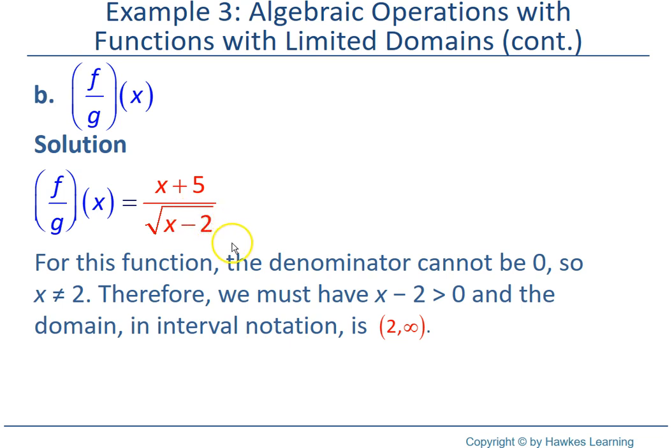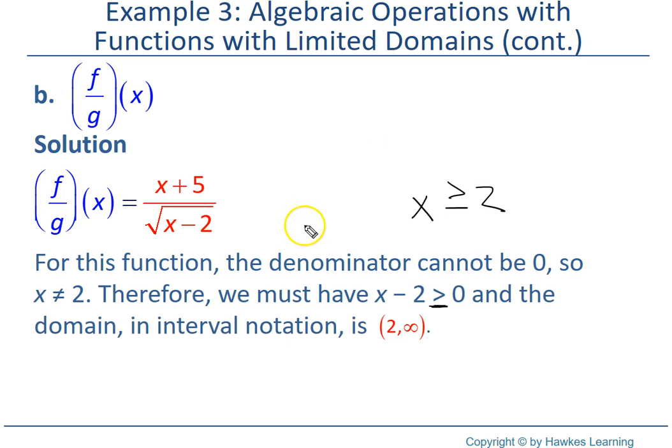So it's not going to be greater or equal to 0 as it was in the numerator, but in the denominator you cannot, and I'll repeat this and emphasize it, you cannot have, when you solve this, x is greater or equal to 2.